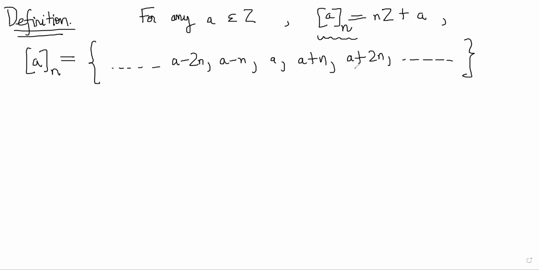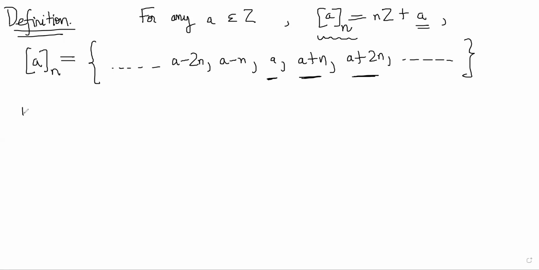It is an infinite set of numbers which always leaves remainder a when you do division modulo n, right? So the numbers a plus n, a plus 2n will always leave remainder a when you are doing division modulo n.